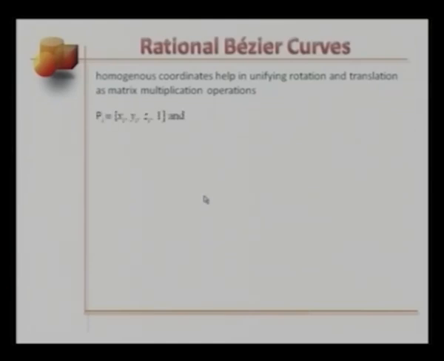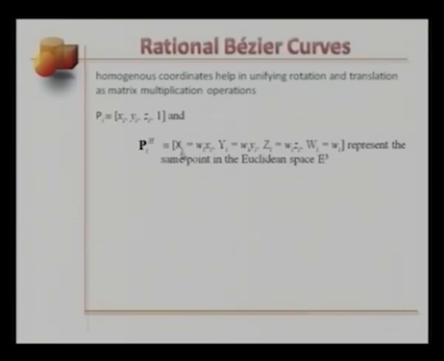Recall that Pi is given by xi, yi, zi, and 1. And if we ignore this one here, x, y, and z with indices i are the Cartesian coordinates of Pi. And Pi super h are the homogeneous coordinates, capital Xi, capital Yi, capital Zi, and capital Wi.